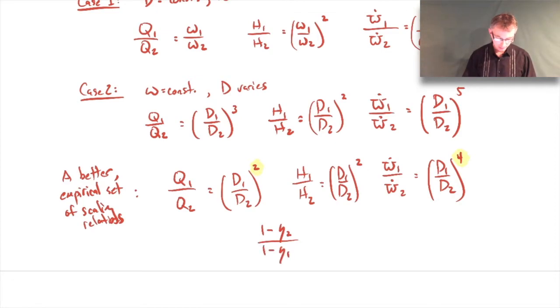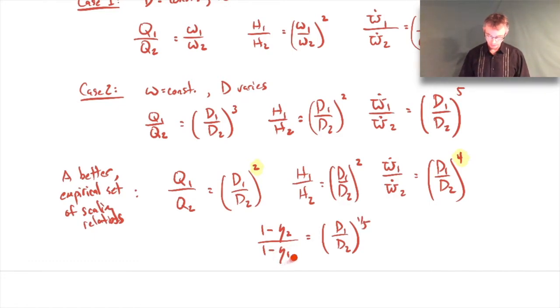But if you wanted to scale the efficiencies, this empirically based scaling seems to work relatively well. So here's your starting efficiency that you're dealing with that pump impeller, and then here's the efficiency with that new impeller diameter. So again, that's based on some empirical scaling.